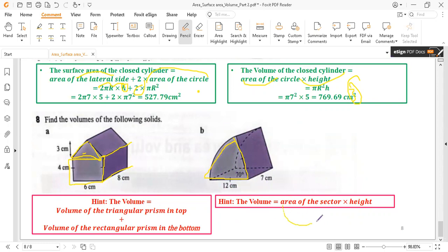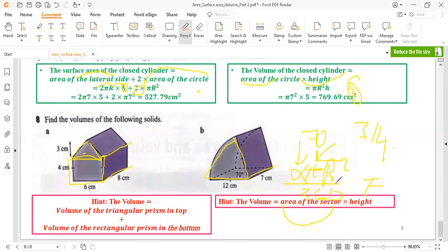So it is the area of the sector, as we explained in the previous session: alpha pi r squared over 360, where alpha is 70, by the height, which is 7. So normally it is very easy. Don't forget that pi is 3.14, or you can use the calculator to calculate the final result.